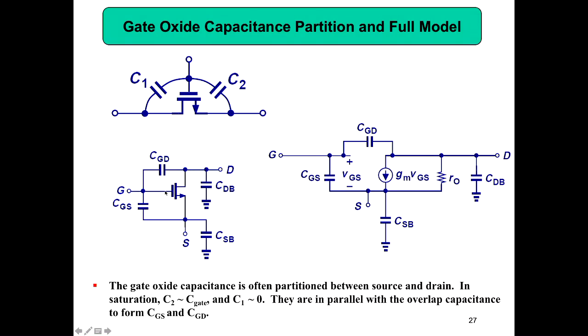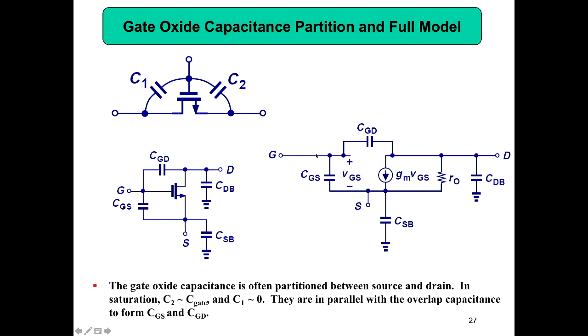CGS already has the gate capacitance in parallel with your C2. Between gate and drain, you have the overlap capacitance, but it is in parallel with C1, and C1 is almost 0 when you are operating in saturation. So we take that saturation value because that is important for us, since we are using it as an amplifier. They are in parallel with the overlap capacitance to form CGS and CGD.